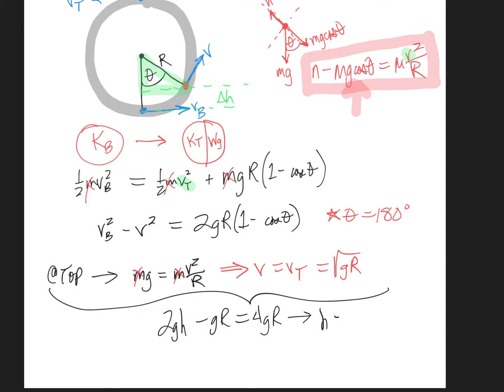And that means H is 5 halves the radius, which is 37.5 feet. That's a big loop-de-loop. A humongous loop-de-loop.